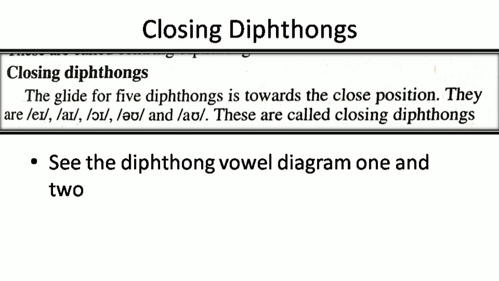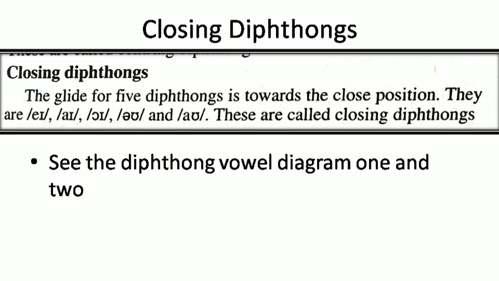The first two groups go to the close position, so they are known as closing diphthongs. They are the e ending vowels, then the u ending 2 vowels, o and ow. So e and u are close positions. These are called closing diphthongs.